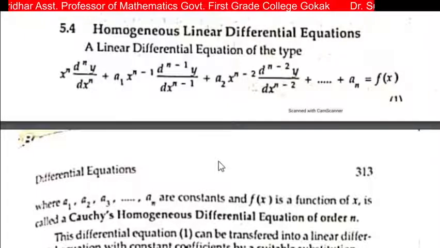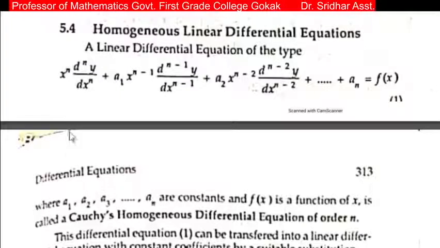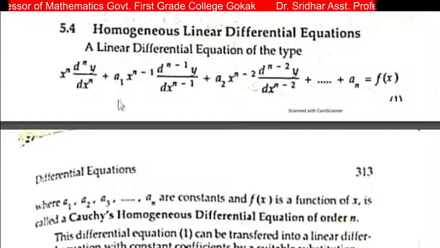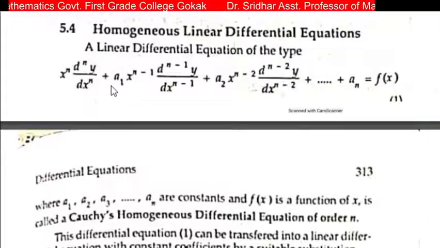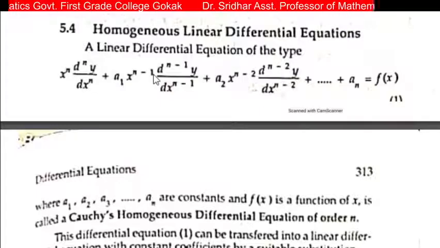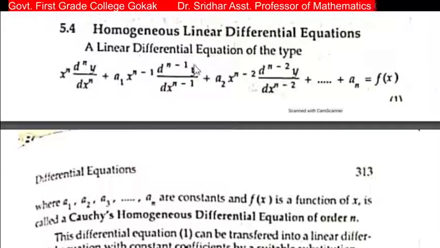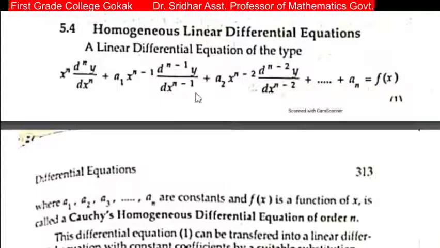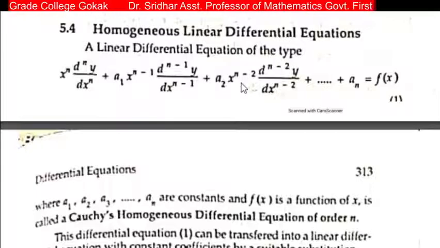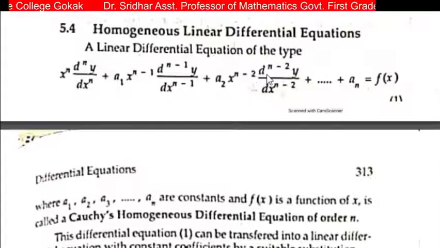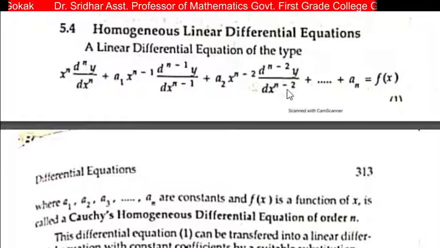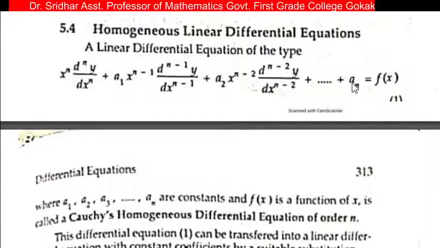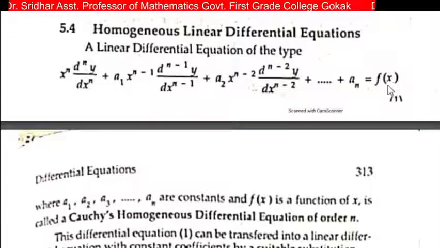Now here x raised to n d^n y by dx^n plus a1 into x raised to n minus 1 d^(n-1) y by dx^(n-1) plus a2 x raised to n minus 2 d^(n-2) y by dx^(n-2) plus dash dash plus an y equal to f of x.